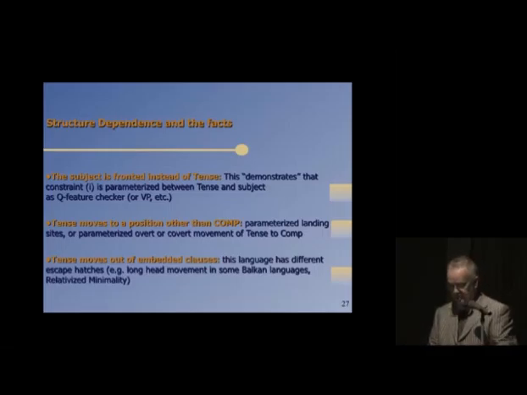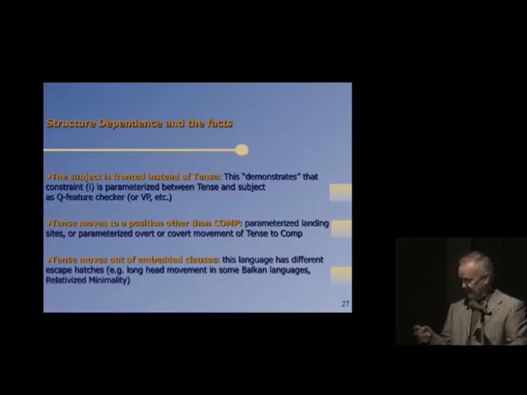The problem solved. Suppose tense moves out of the embedded clause. Well, you'd say this language has different escape hatches, or it has something along what you find in long head movement in some Balkan languages, or you could appeal to minimality relativized, so that it's the element downstairs that has the Q feature. Well, that's the element that's going to move to the top sentence because no such element is in the main sentence in that particular language.